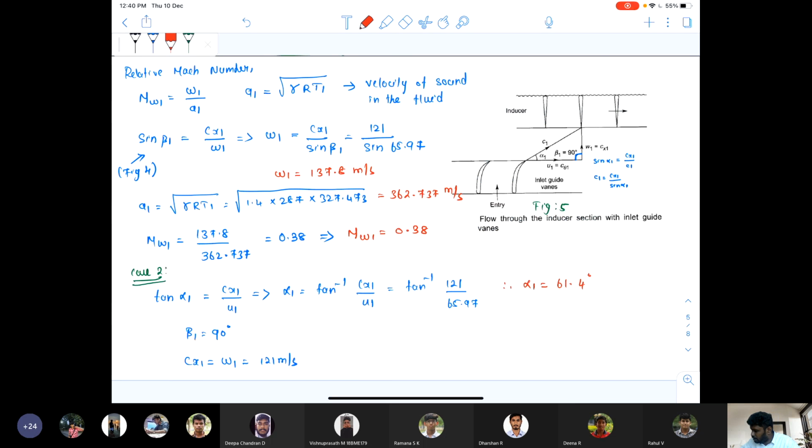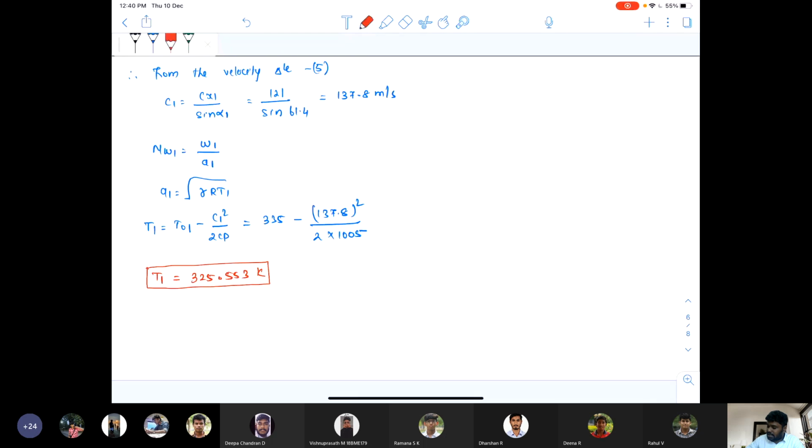The value of T1 is 325.553. But in the earlier case, you substituted the value of T1 as 327.473, so you obtained the value of A1 as 362.732. Now, since there is a change in temperature, you should find the value of A1 again.